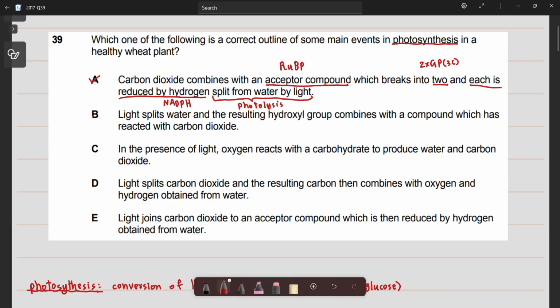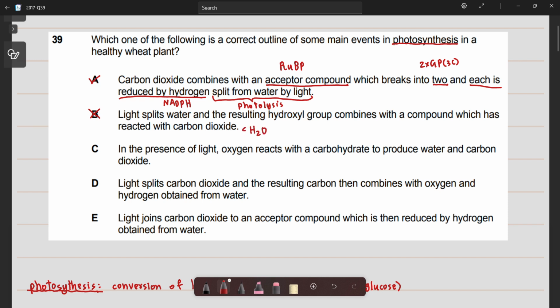Option B states light splits water and the resulting hydroxyl group combines with a compound which has reacted with carbon dioxide. We can easily mark this as irrelevant because light does not split water into hydroxyl. Light splits the water molecule, which is photolysis.